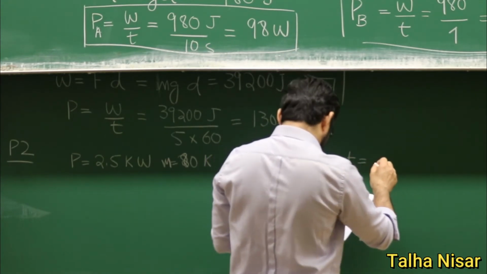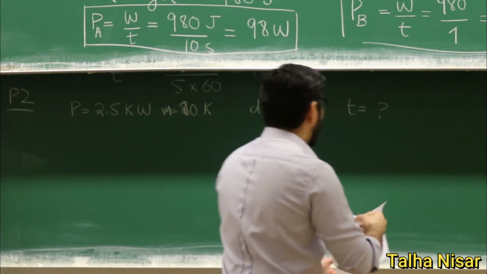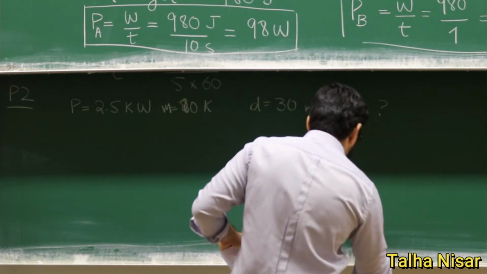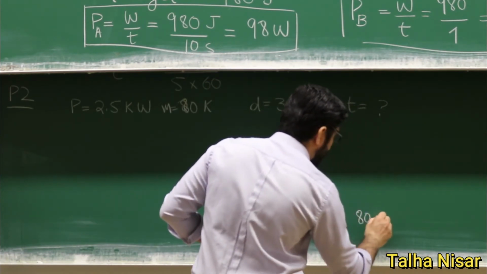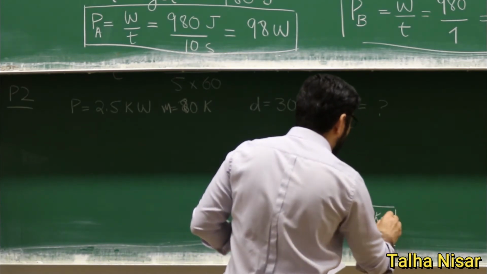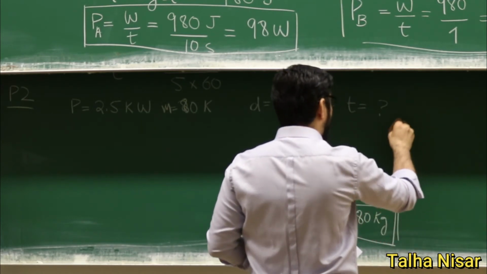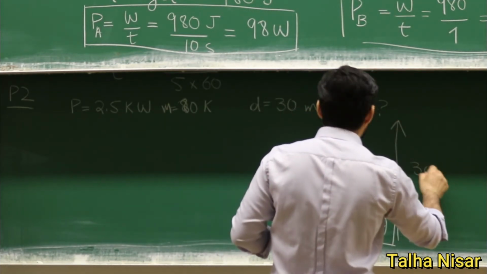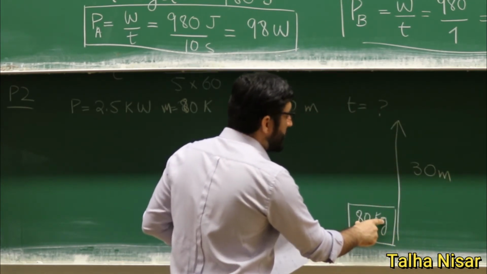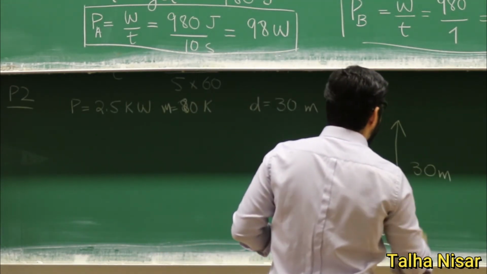So we will calculate the time. First, we need to understand the problem. For example, we have an 80 kilogram block, and this block is lifted by a motor to a height of 30 meters.